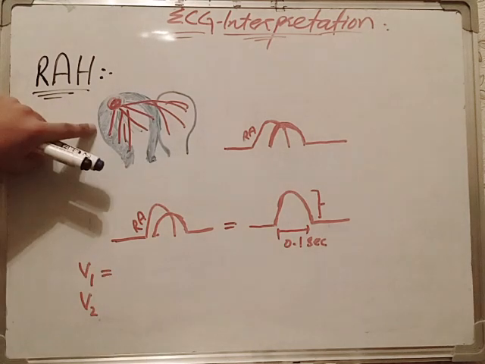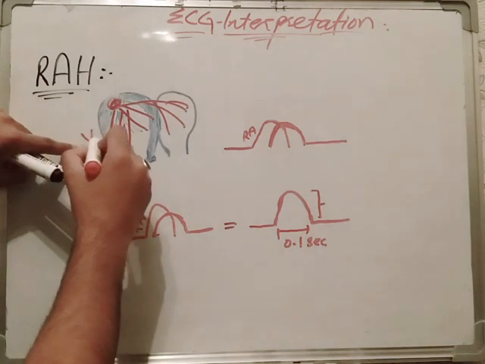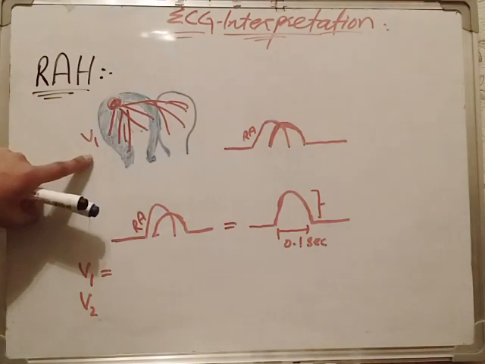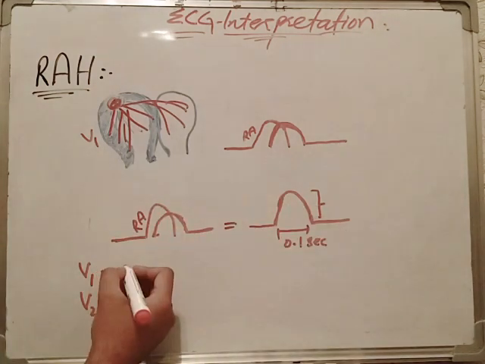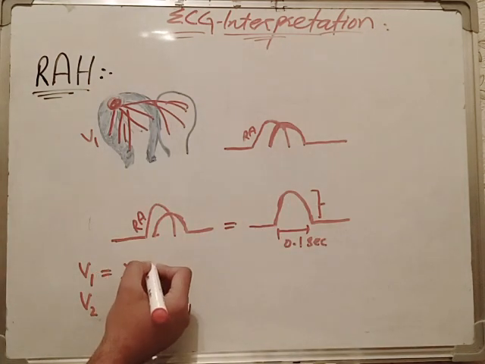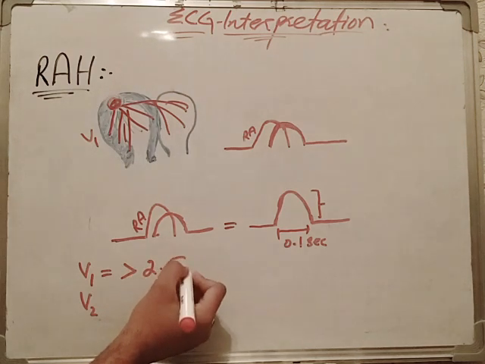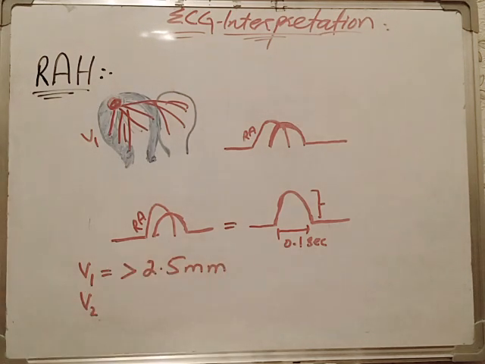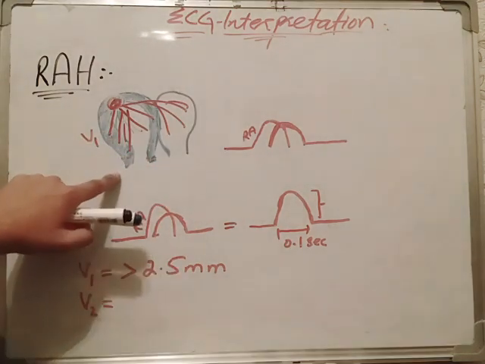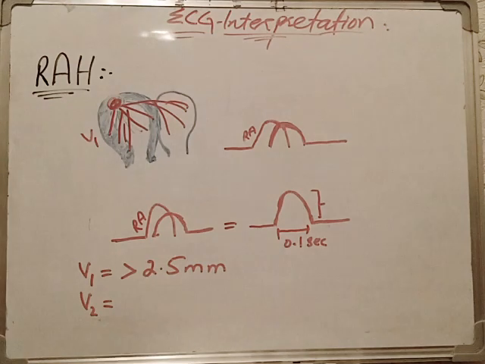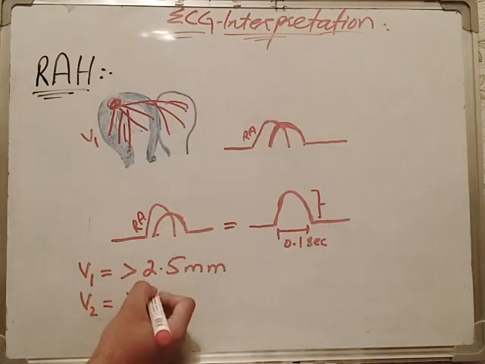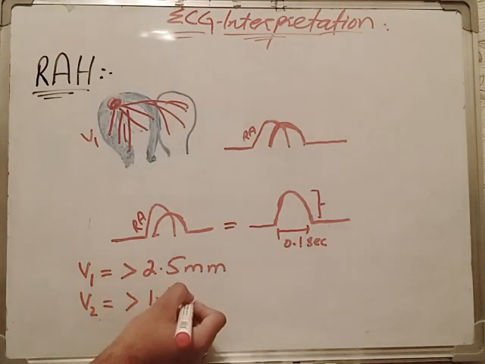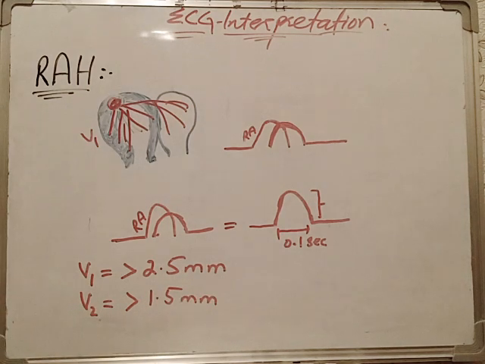As lead V1 is closer to the right atrium, it will show more fluctuation. Here the amplitude will be more than 2.5 millimeter. But in V2, which is a little bit farther from the right atrium, it will show more than 1.5 millimeter. So this is about right atrial hypertrophy.